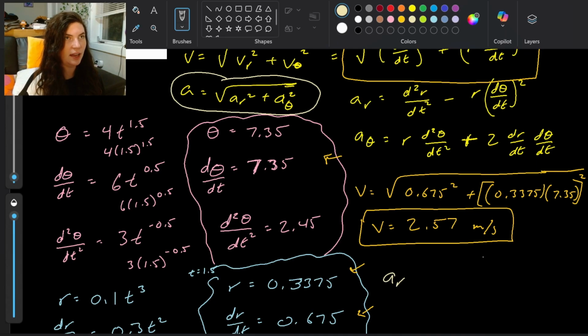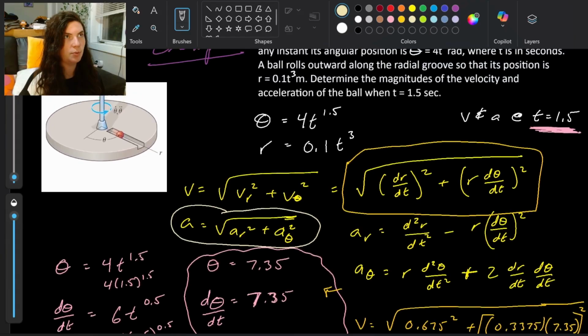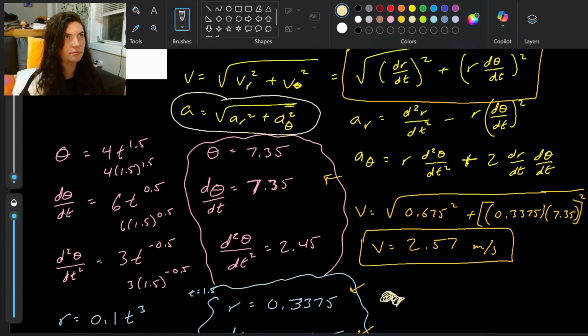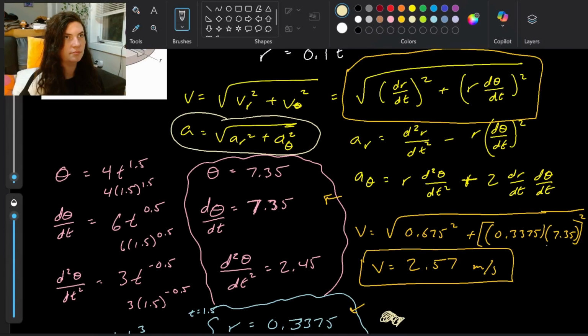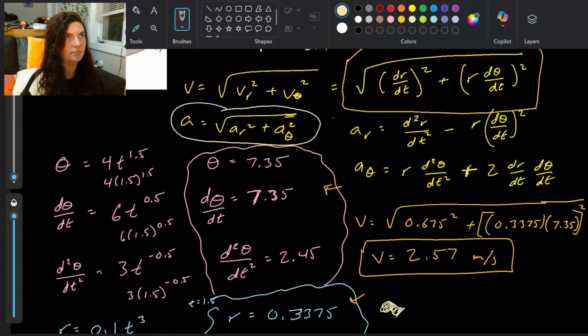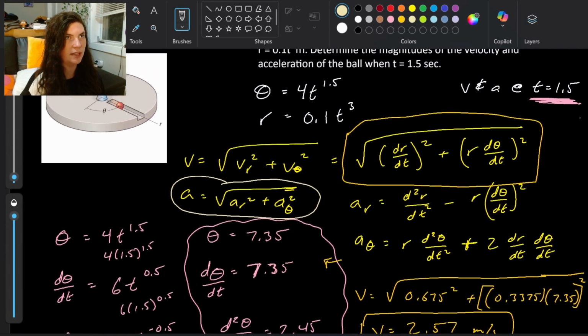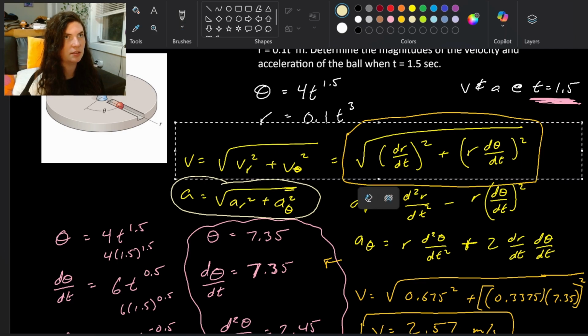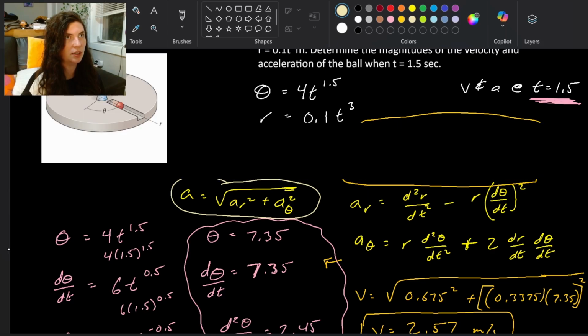So just overwrite it. We don't need this velocity anymore. A big, long, disgusting acceleration equation up here.